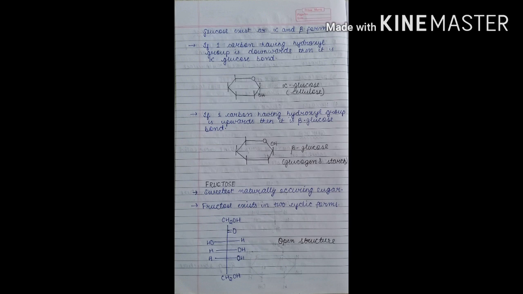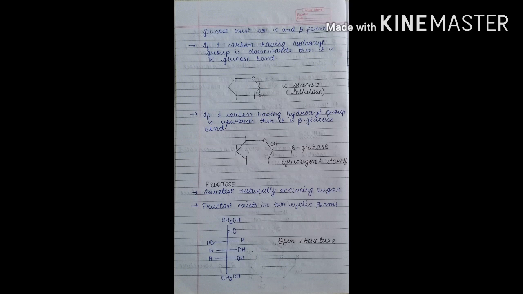Now what are the alpha and beta forms? If the carbon having the hydroxyl group is downward, then it is an alpha glucose bond. It is mainly found in cellulose. The structure is given. And if the carbon having the hydroxyl group is upward, then it is a beta glucose bond, which is found in glycogen and starch. The structures are as follows.